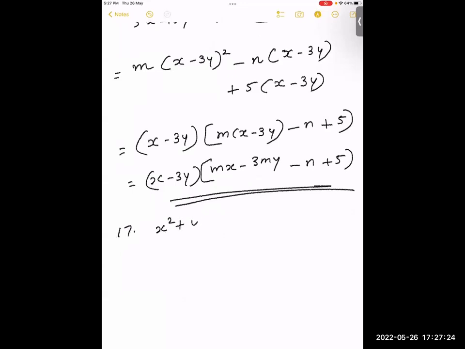x square plus y square plus x plus y plus 2xy. This also requires expansion chapter's knowledge. Just think and tell me how will you do it.